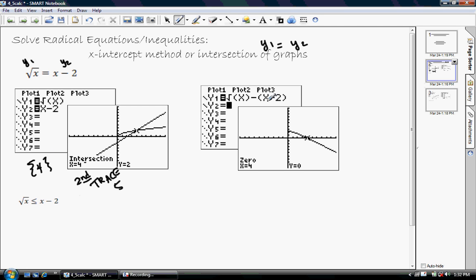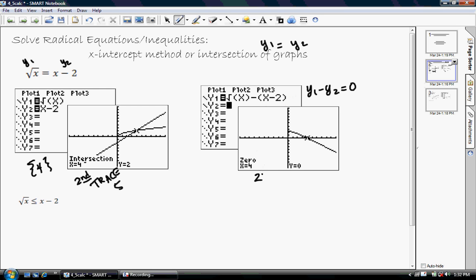Now another way to do it is the x-intercept method. To do the x-intercept, I have to do y1 minus y2, and that's equal to 0. So I enter the square root of x minus, be sure to put in parentheses, the second function x minus 2, or you can go ahead and distribute that negative throughout, and then graph.